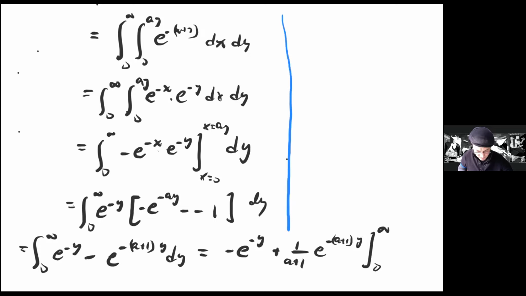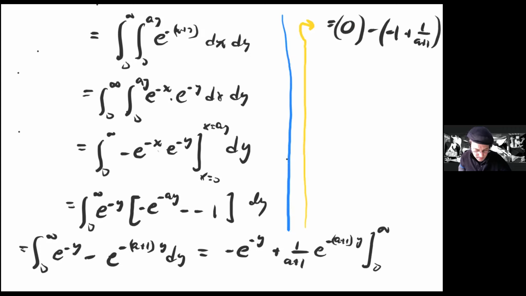So this stuff here, if we do the evaluation, is equal to what? Well, when you stick in infinity, since the exponent is always negative, you're going to get a 0 coming out from the evaluation at infinity. And then when we evaluate at 0, you're going to get a negative 1 plus 1 over a plus 1. So the answer is 1 minus 1 over a plus 1.